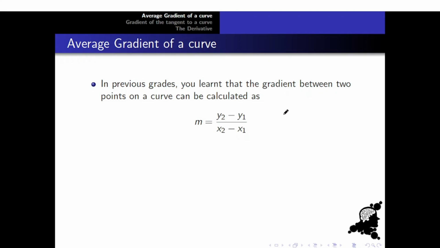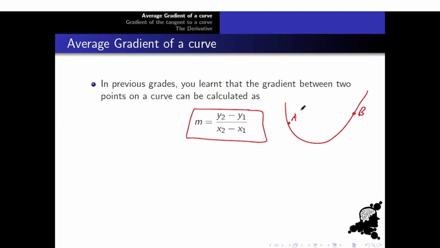Now in previous grades, you learned the formula for the gradient. But now, you've been using this only in the case of a straight line. We also said that if we have 2 points on a curve, let's say for instance this is point A and this is point B, we can calculate the average gradient between the 2 points using exactly the same formula.